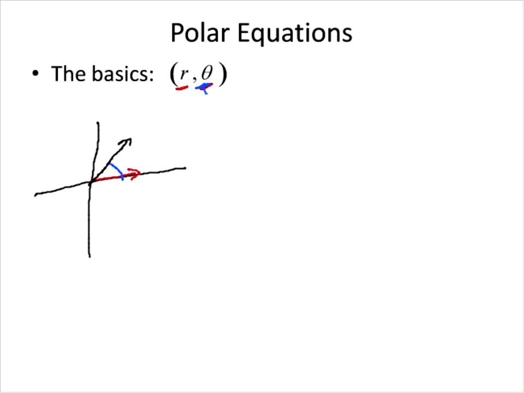So when you talk about a point, instead of saying how far left or right and then how far up or down, you're going to say how far over and then what angle do you rotate that point through. Is theta.